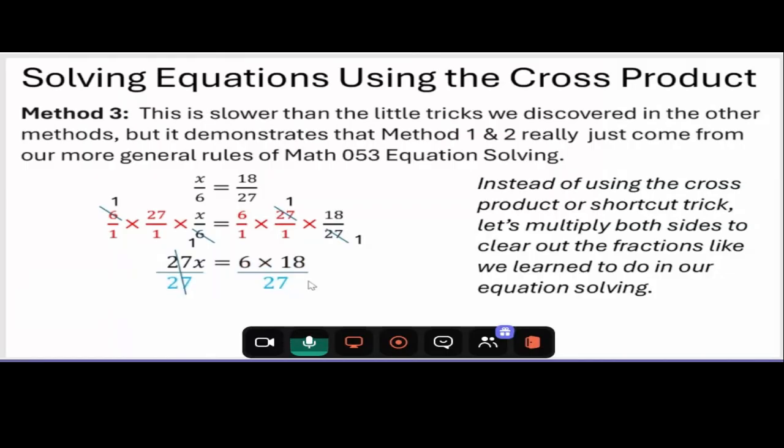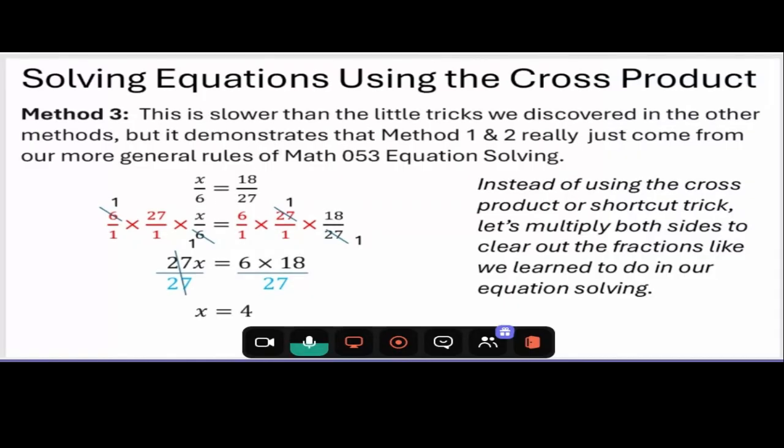You see our shortcut right there, right? 6 times 18 divided by 27. The pair with only numbers divided by the other number. So you see how our Math 053 methods prove to us that this little shortcut we figured out by looking at the pattern actually does work. You take the pair without the variable, multiply them, and divide by the other one.